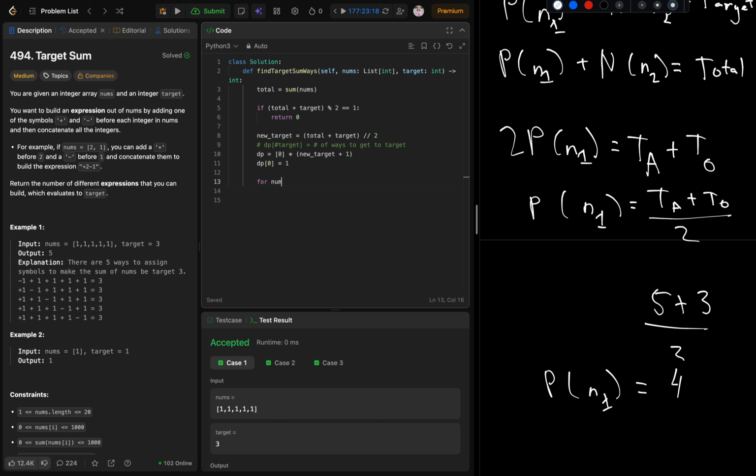So for num in nums, it's the same formula: for t in range of target down to num minus 1, dp of t equals dp of t plus dp of t minus num.